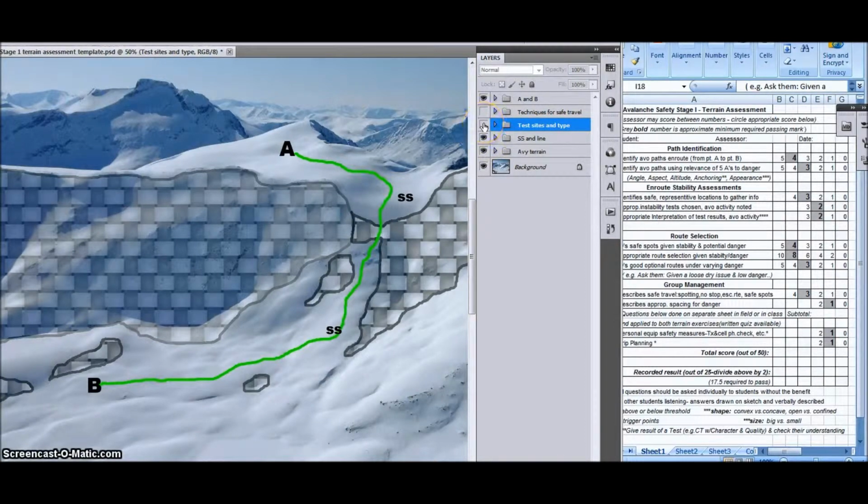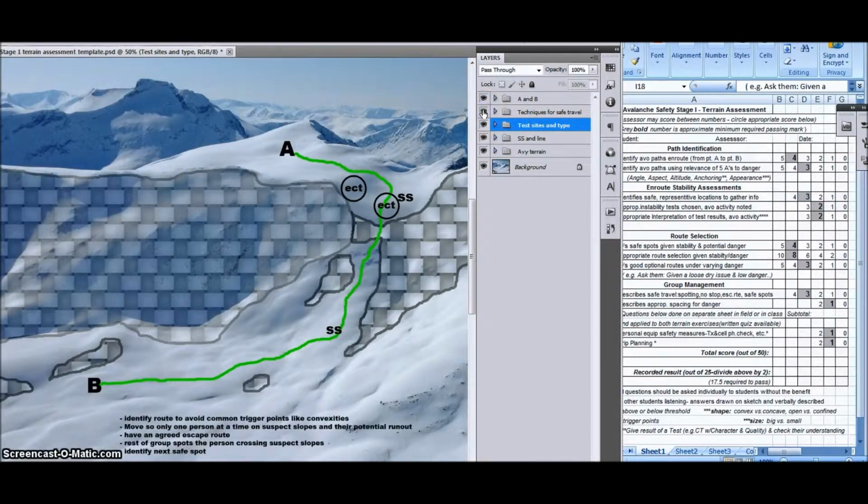The next question was about test sites, what kind of tests you would do and where, to find out information on the given problem posed by the instructor. So there are a couple of circles with tests inside them, and lastly there was a list of how you would travel safely through that terrain.